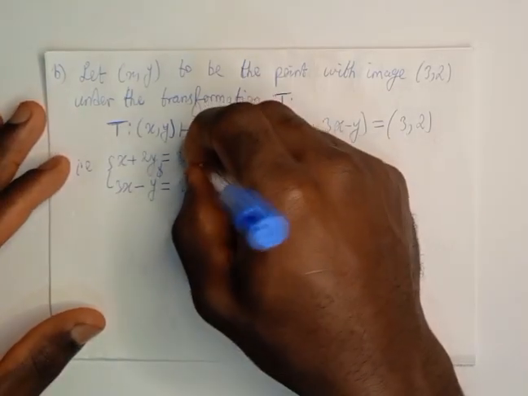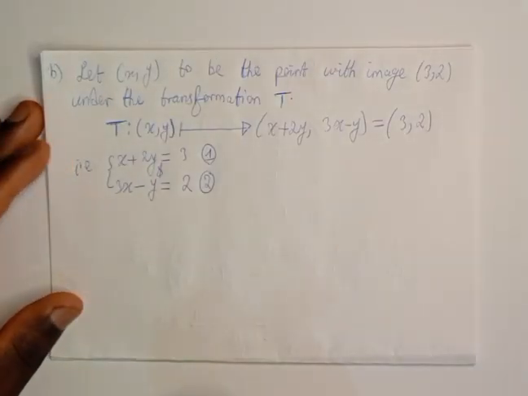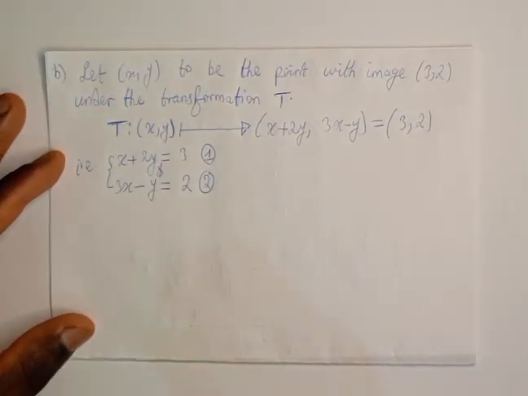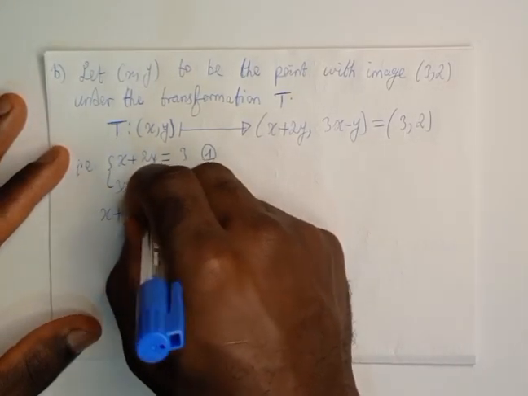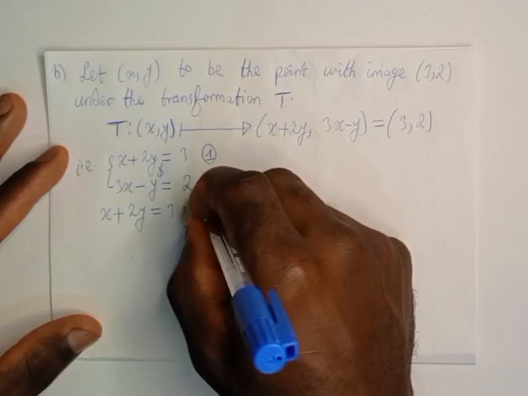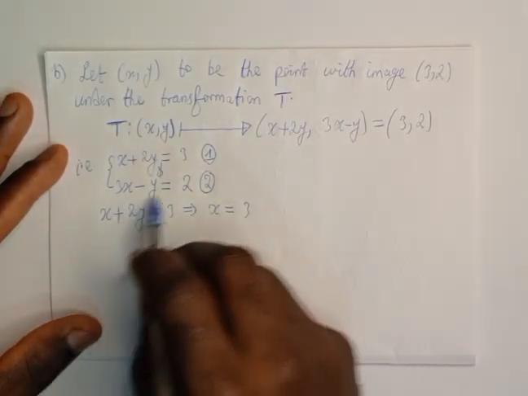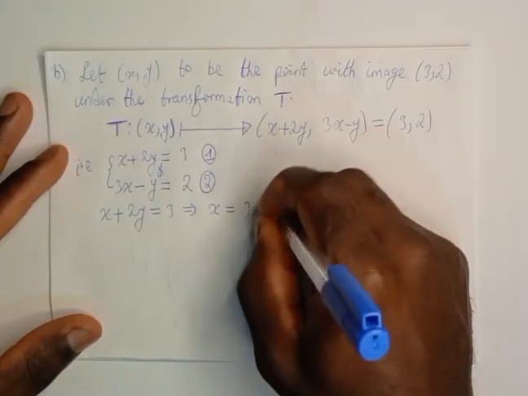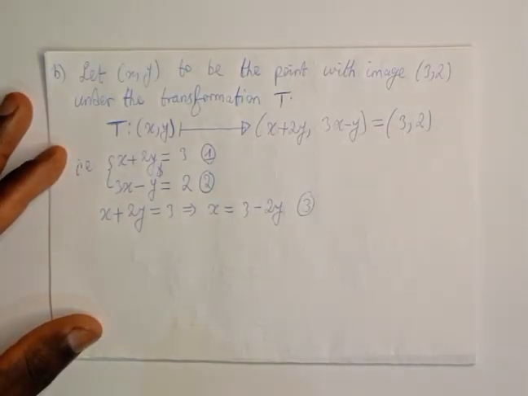We call the first equation 1 and the second equation 2. In equation 1, we make x the subject of formula. x + 2y = 3, then x = 3 − 2y, transferring 2y to the right hand side. We call this equation 3.